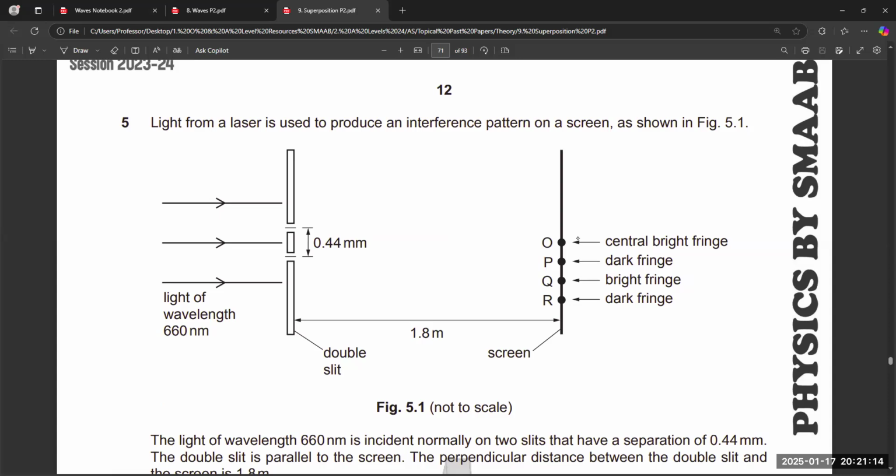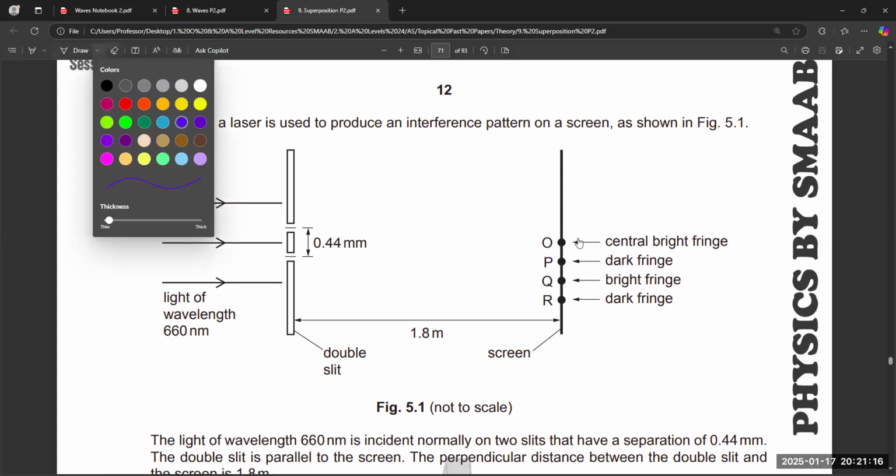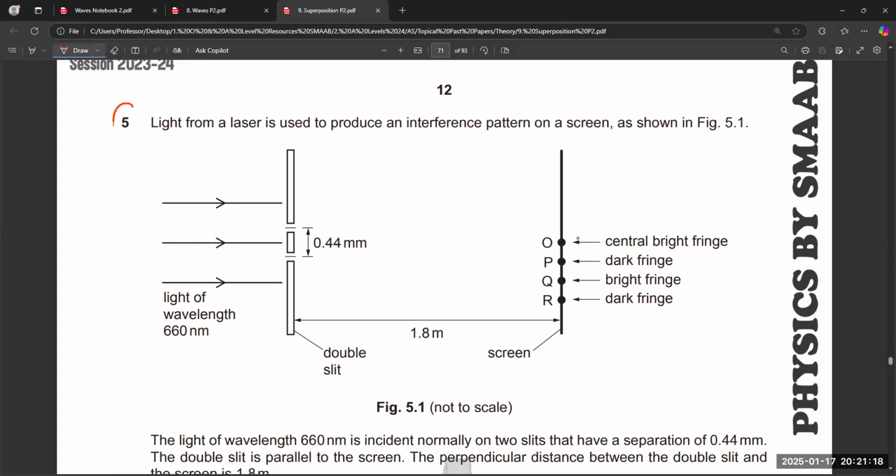First of all, there is a laser light, and because laser light is of a single color, it is definitely monochromatic. It is used to produce an interference pattern on the screen. The light has a wavelength of 660 nanometers, so the wavelength is given. The value of D is also given.